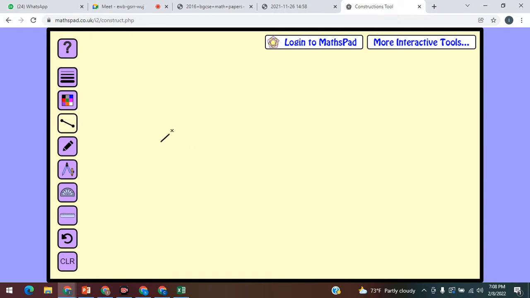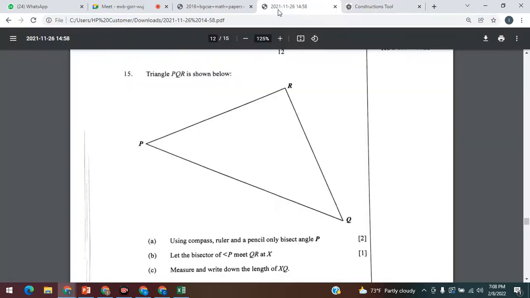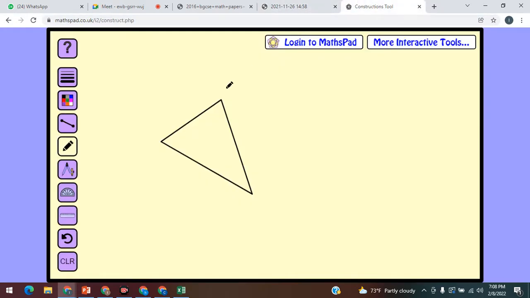It was something like that, and then something like that, isn't it? So we had P, R, and Q.